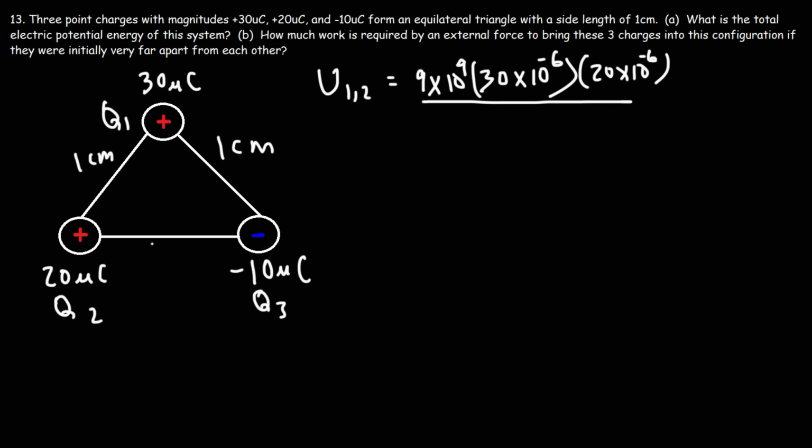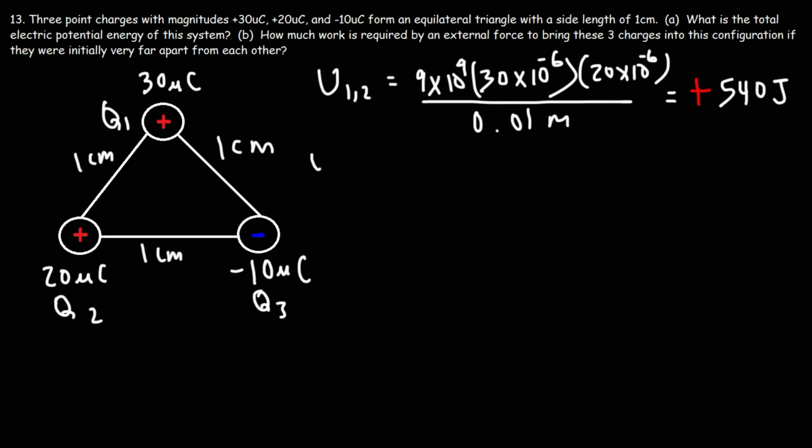And since we have an equilateral triangle, that's going to be the same for all 3 sides. 1 centimeter is 0.01 meters. So you should get positive 540 joules for the electric potential energy between charges 1 and 2.